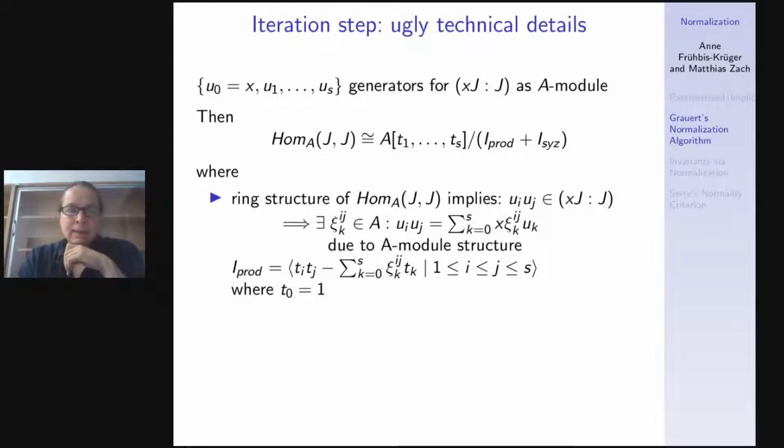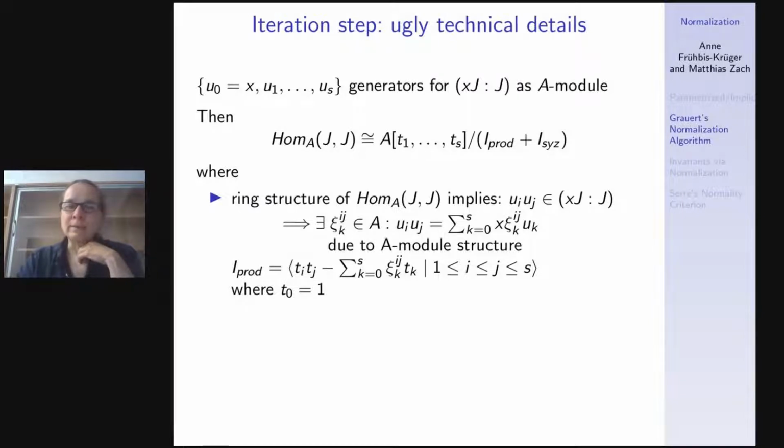Please keep in mind that we always have this 1 divided by x, by which the A homomorphisms differ from the ideal quotient. If we take this into account, then we have here ui divided by x times uj divided by x equals the sum over the psi ijk times uk divided by x. Now multiply everything with x squared, then you get another x here that jumps into your formula.